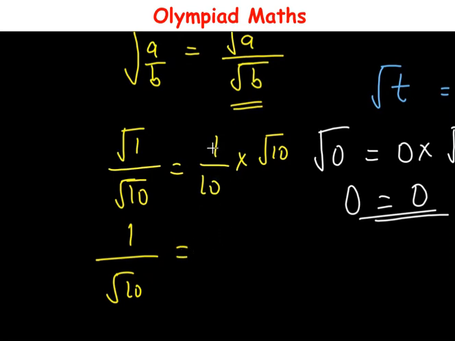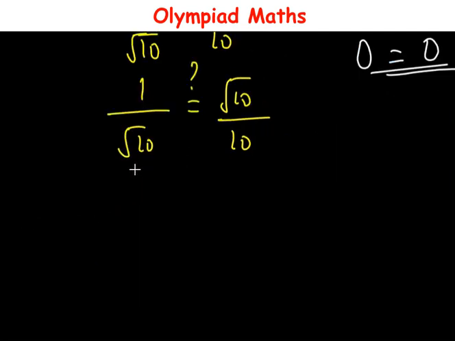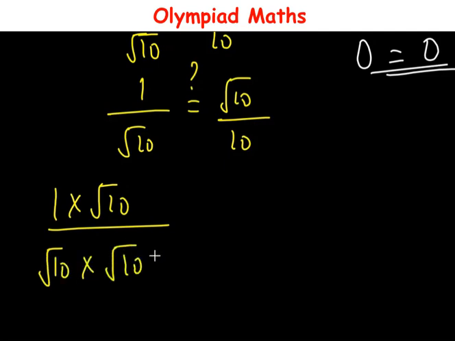With this equal, 1 times root 10 is root 10 over 10. So from here, the next thing is to look for the conjugate of the denominator right here, which is root 10. So this becomes 1 times root 10 over root 10 times root 10. With this equal root 10 over 10.